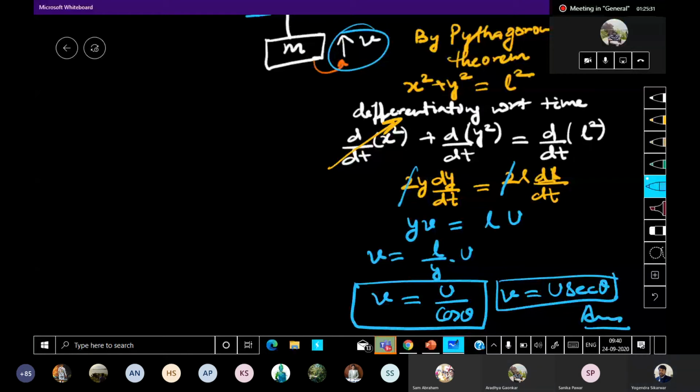If you are differentiating L, it will be dL by dt, no? dL by dt means the rate of change of length of the rope.